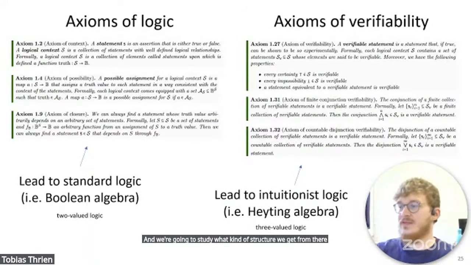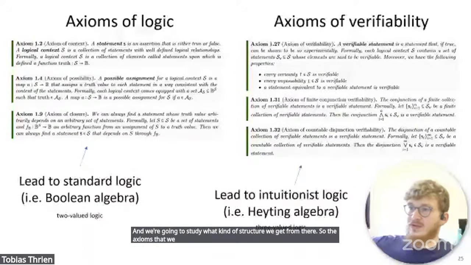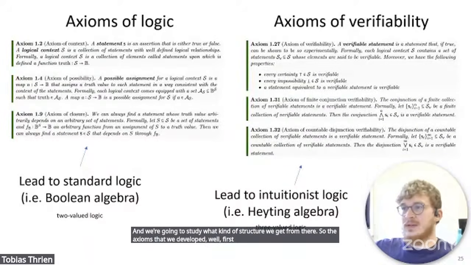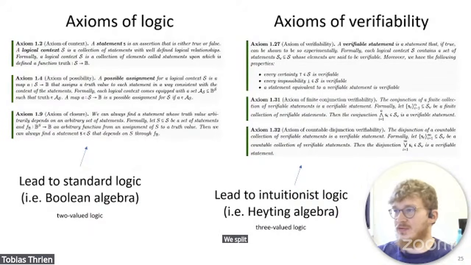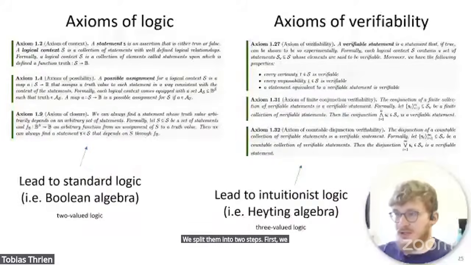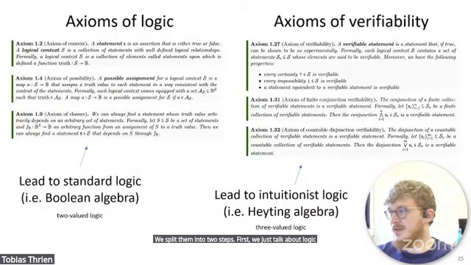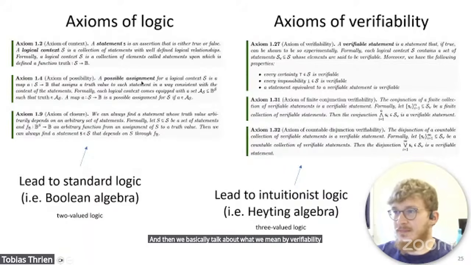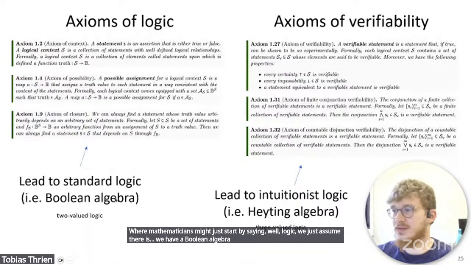So the axioms that we develop, well, first, we split them into two steps. First, we just talk about logic, and then we talk about what we mean by verifiability. Where mathematicians might just start by saying, well, for logic, we just assume we have a Boolean algebra, and then the Boolean algebra satisfies some things.